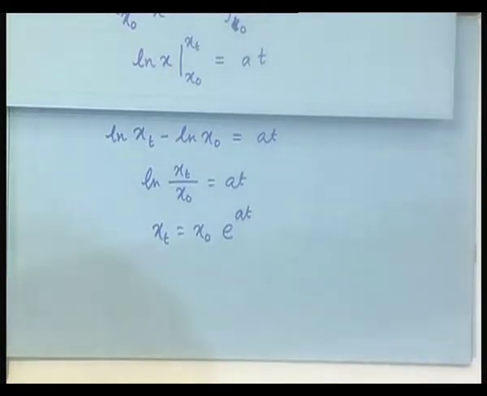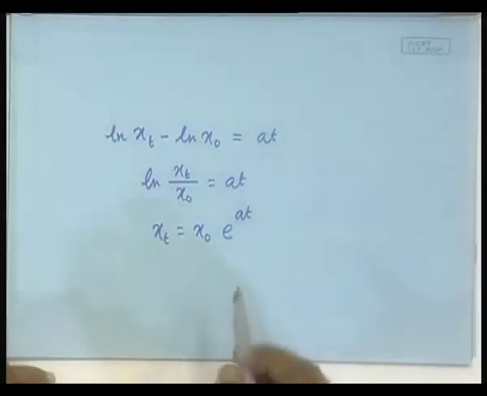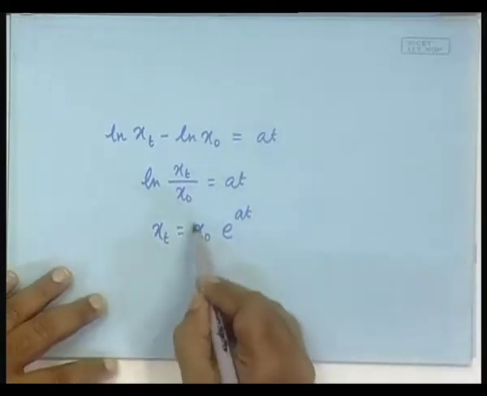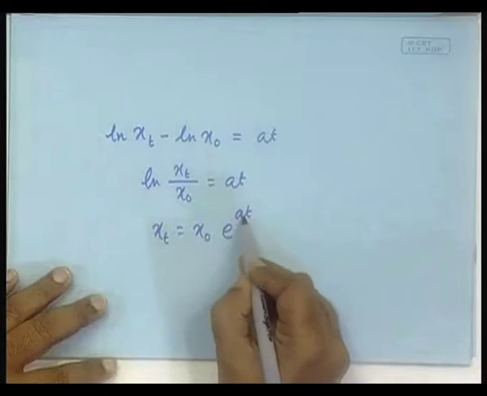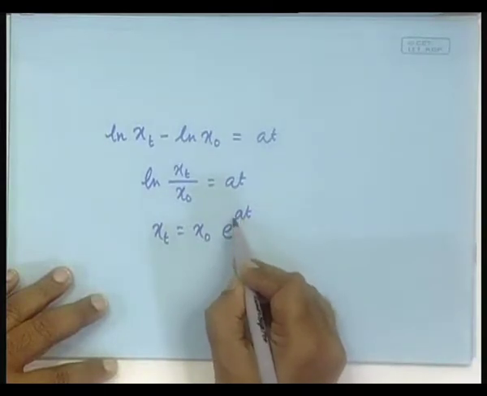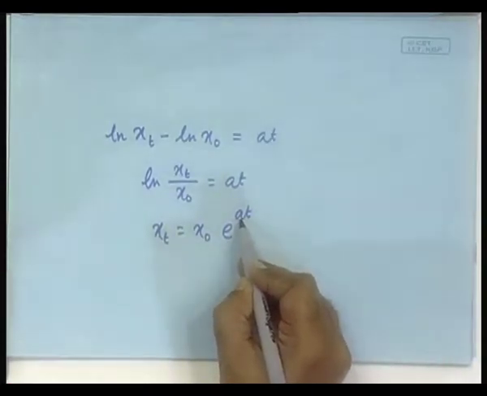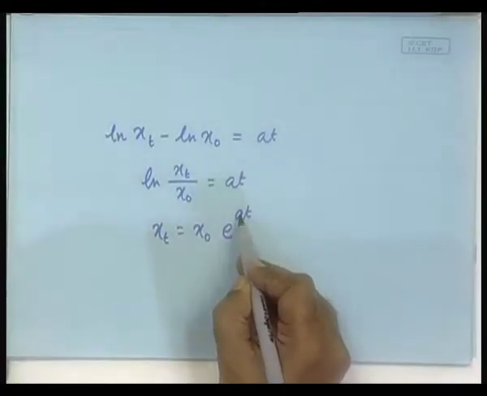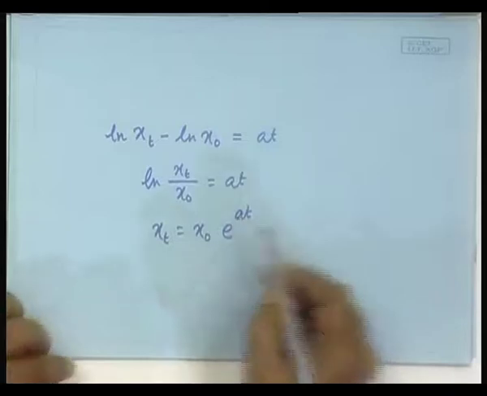This essentially means that how the result will behave depends on the initial condition, but more so depending on A. A is a number, A could be a positive number or negative number. If it is positive, then what happens? It will go on increasing.